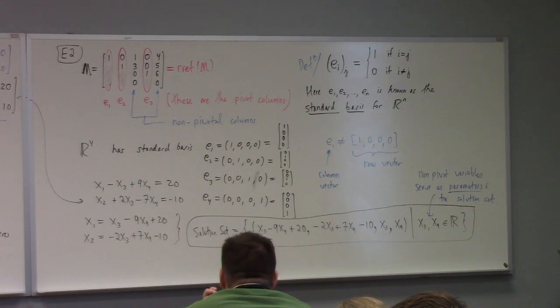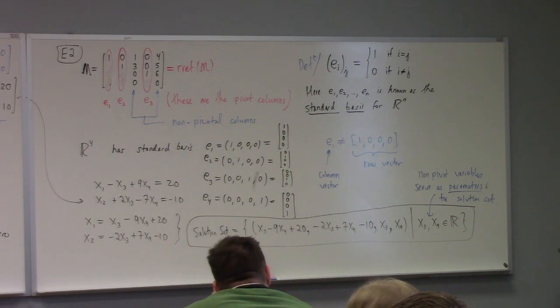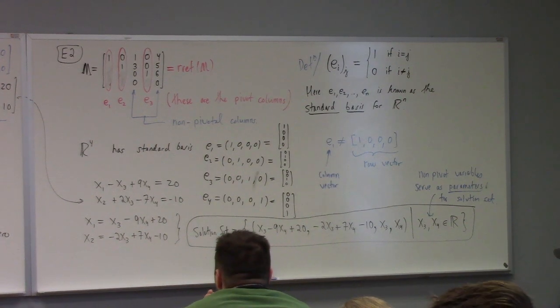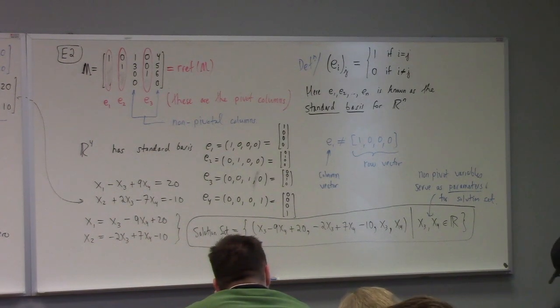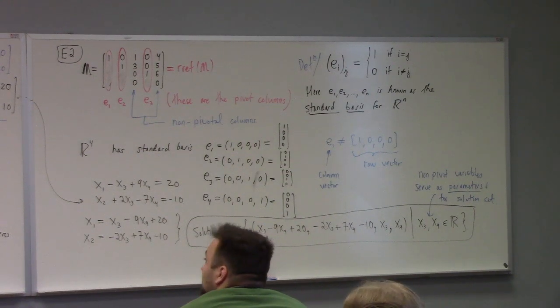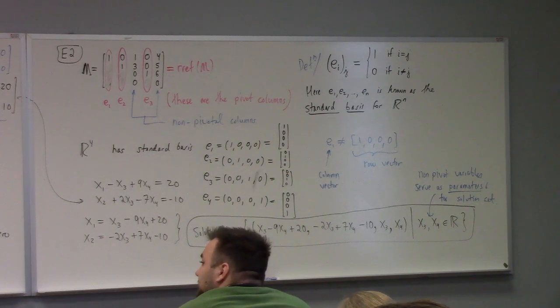And we're dealing with an xyz system. If I had that, my augmented coefficient matrix would be 0, 1, 1, 2, 0, 1, minus 1, 3, right?